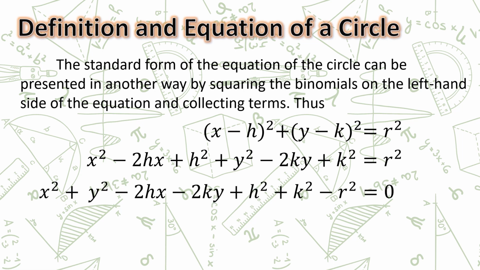Rewriting, we have x squared plus y squared minus 2hx minus 2ky plus h squared plus k squared minus r squared equals 0.